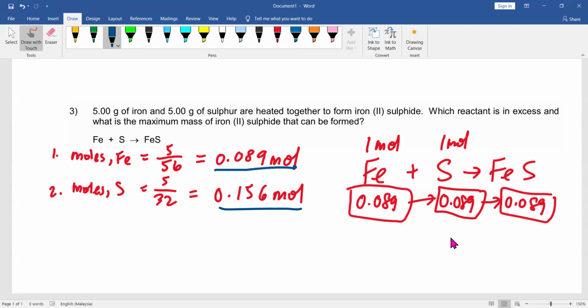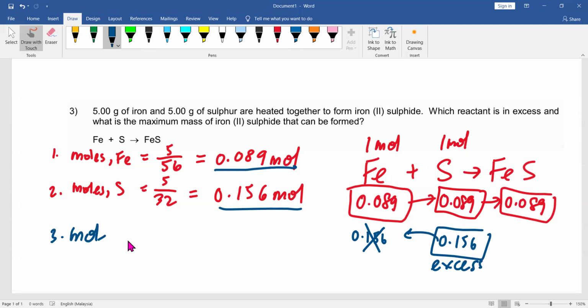But if I use 0.156, this one I will have to use how much? 0.156. Oh no! Got enough or not? Not enough. So can or cannot? Cannot. So this one is in excess. So the moles of iron sulfide is 0.089.